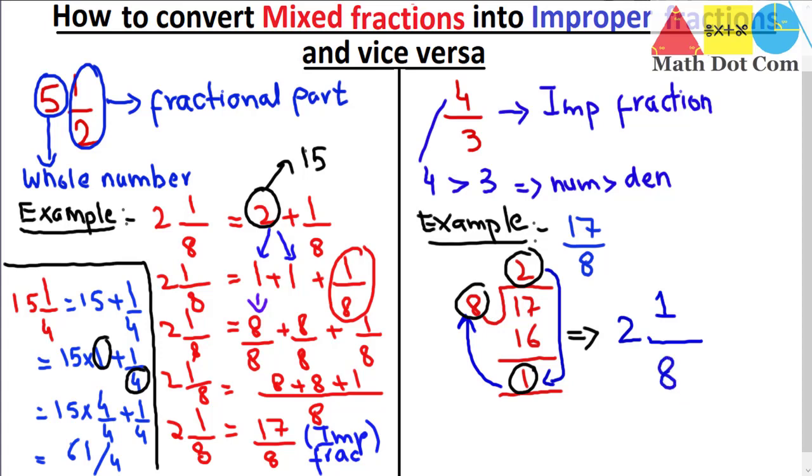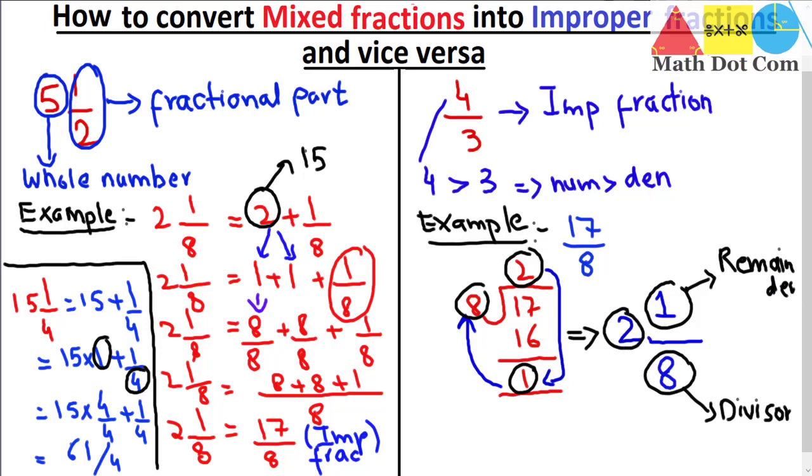This is how you can convert an improper fraction into a mixed fraction. If I label it, this is the remainder, this is the divisor, and this is the quotient.